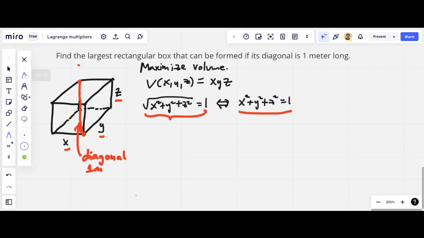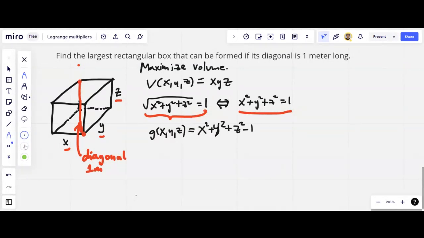So from here, we now proceed to forming our constraint function. The constraint function can be formed by writing out the following function, g of xyz, equal to x squared plus y squared plus z squared minus 1.